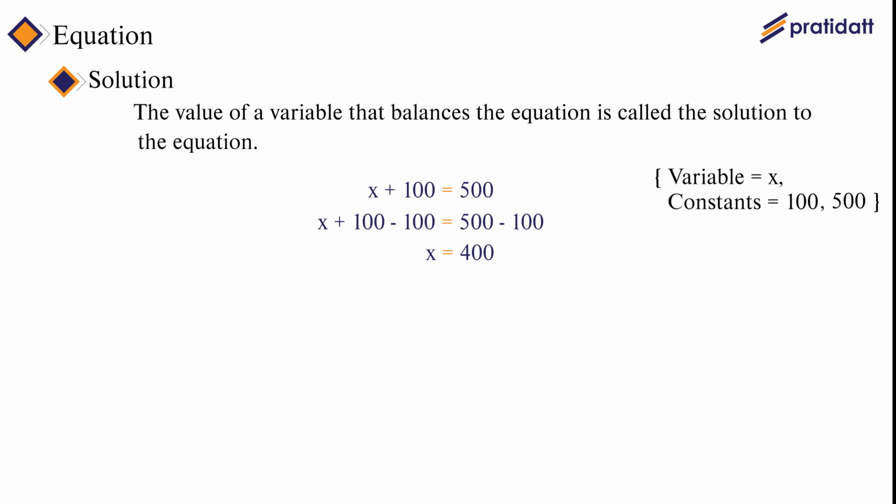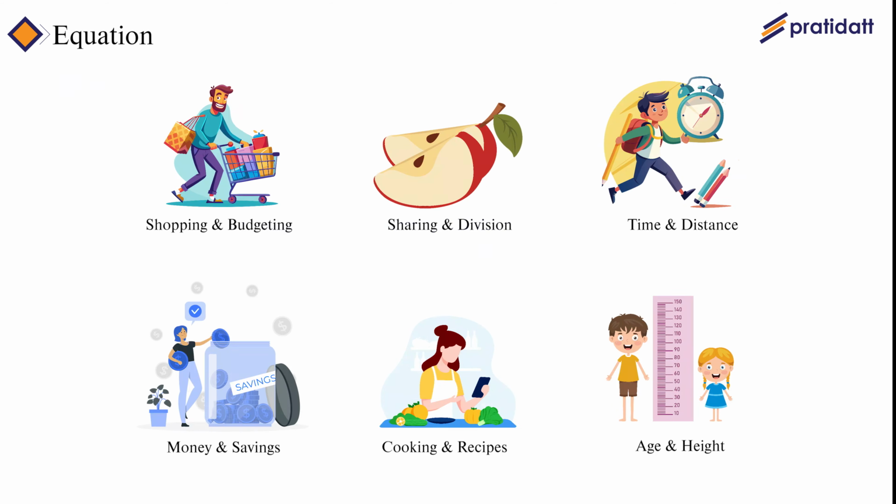The value of the variable that balances an equation is called the solution to the equation. The various uses of equations are in shopping and budgeting, sharing and division, time and distance, money and savings, cooking and recipes, and age and height.